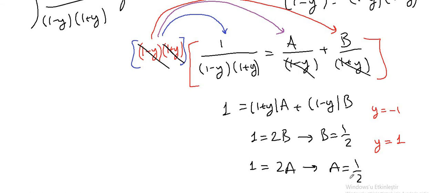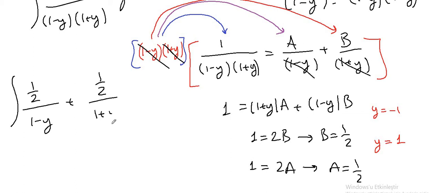Now we know our a and b, so we can rewrite our integral using partial fraction decomposition. Instead of a, we have 1/2 over 1 minus y, plus instead of b, we have 1/2 over 1 plus y. Now we can pull 1/2 in front of the integral sign.